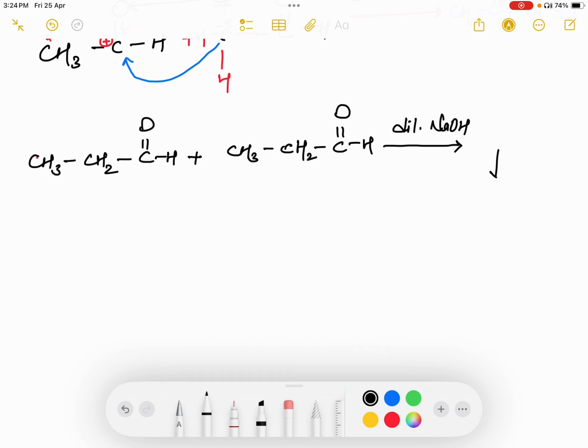That is what you already know. Now, what have I said? In one of the carbonyl carbons, the bond will break, the O will have negative charge, the C will have positive charge. For the other, you need to see the alpha carbon.